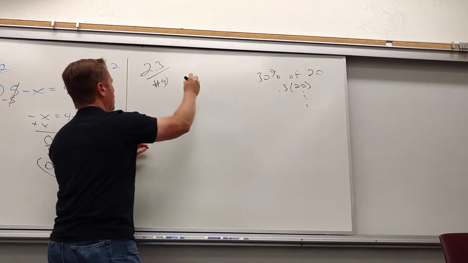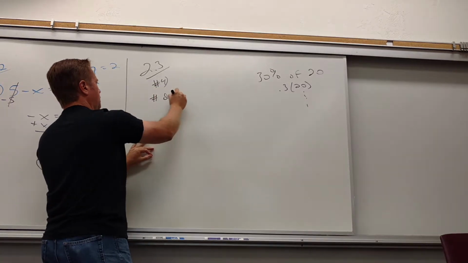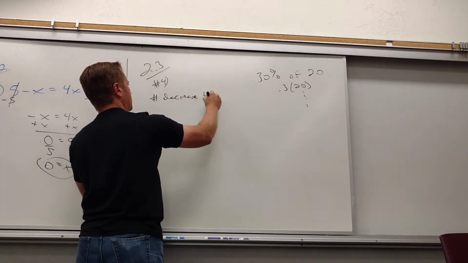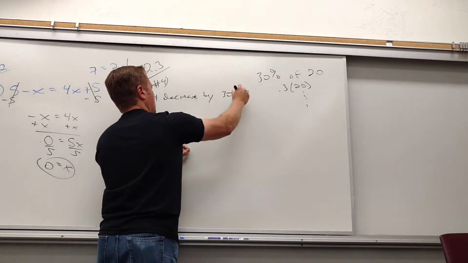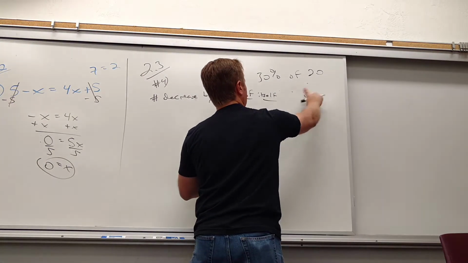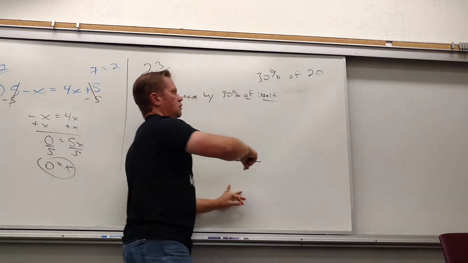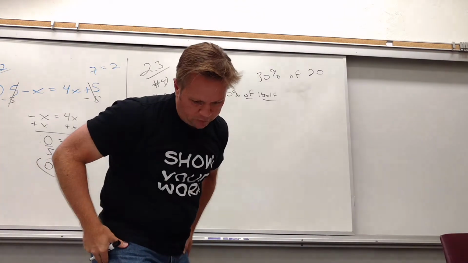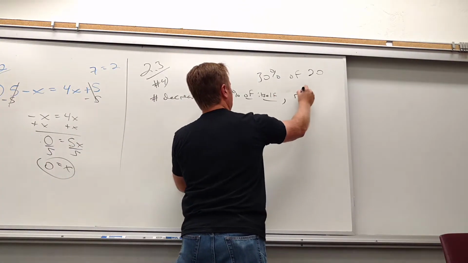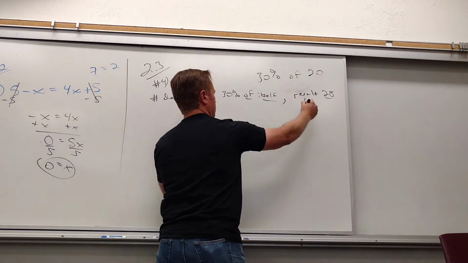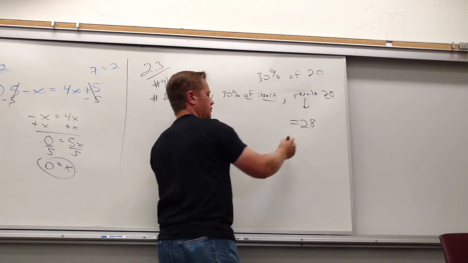Blah, blah. So I want to take a number and decrease it by 30% of itself. And then it says the result is 28. So we do this part. Thanks, Jeff.